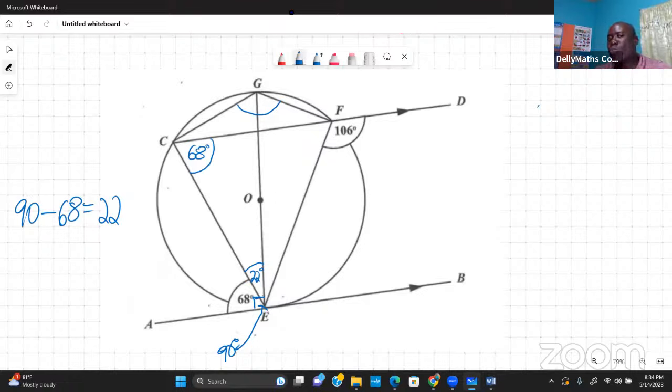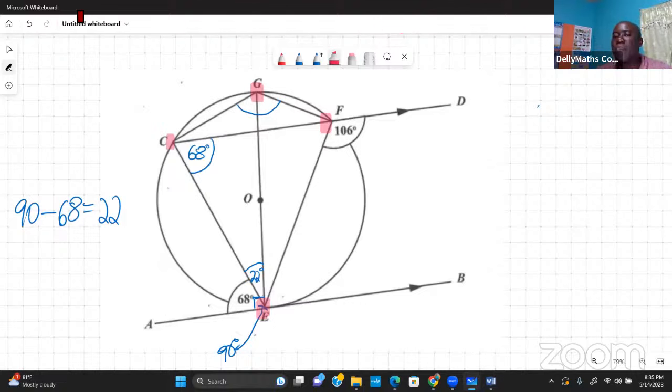There are a number of things that you can do. There are about 2 approaches that we're seeing, but you have to be looking, right? So here is the deal. Understand that this angle here is an angle in a cyclic quad. Look, C, G, F, E is a cyclic quadrilateral. 4 vertices are on the circumference.